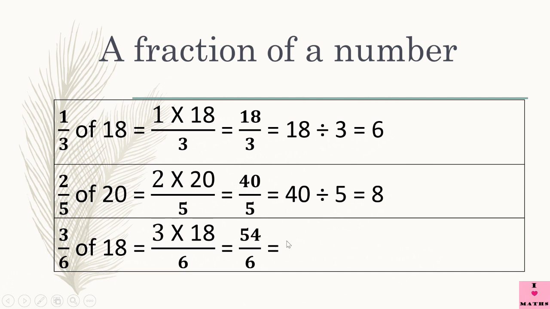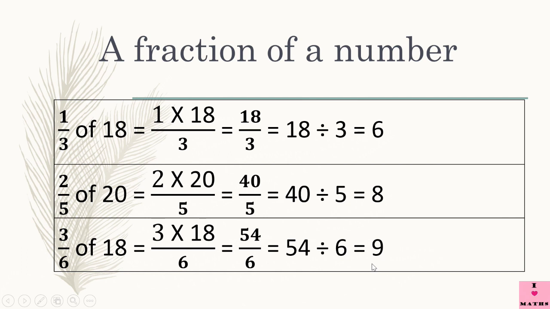So this means 54 divided by 6, which gives us a quotient 9. Why? Because 9 sixes are 54. So children, 3 upon 6 of 18 is 9.